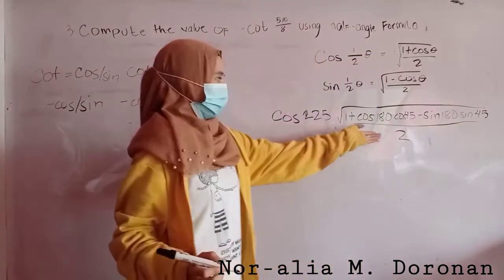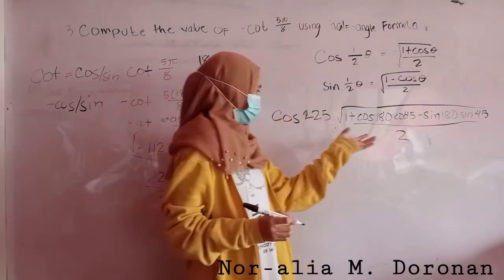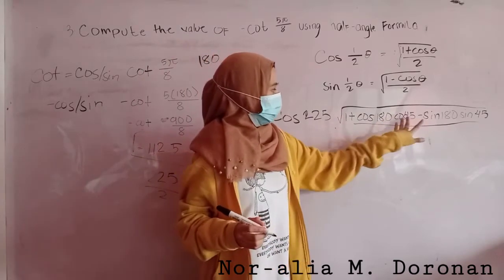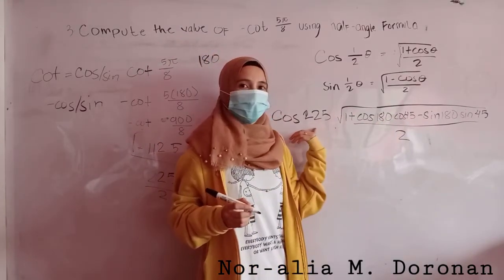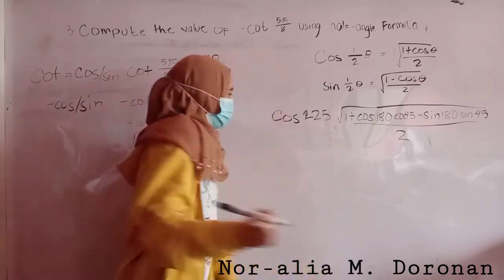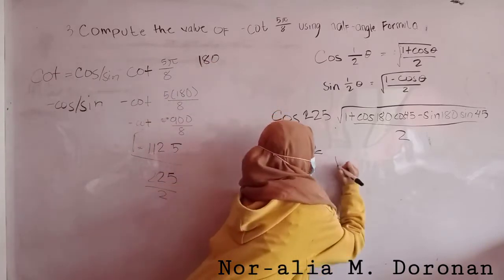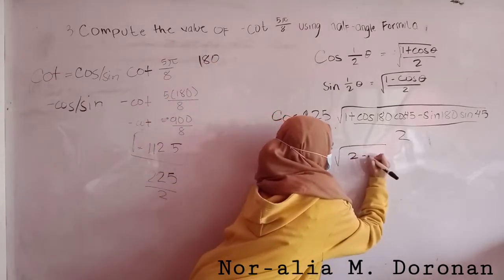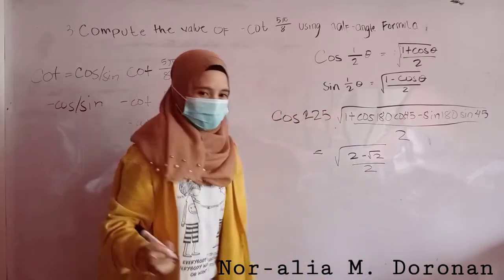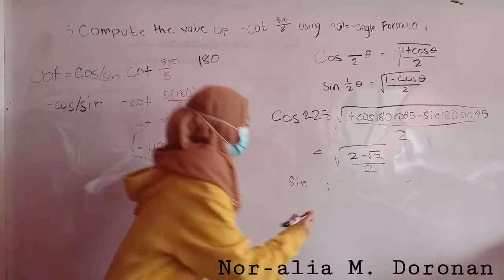So how did it become cos 180 and cos 45? Because of this 225. If we break it down, it is cos of 225. Then we proceed to the sum.